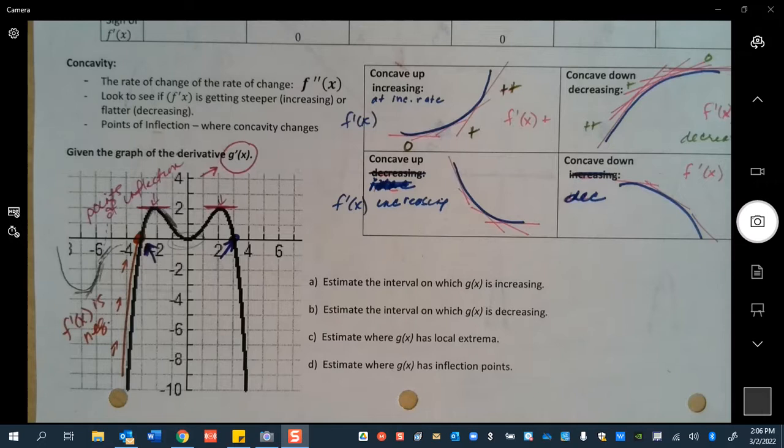I don't go from positive to negative. In order to find a minimum or a maximum, that's where my derivative changes sign. This is a min or max, this is a min or max, because my derivative goes from negative to positive, positive to negative. My derivative does not change sign in that middle part, it's always positive.